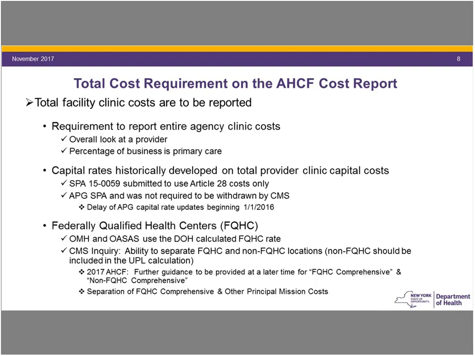However, we do have some FQHCs that are UCPs, and they have the ability to select comprehensive for the FQHC, and then they can also select developmentally disabled for the non-FQHC locations. So there is an ability to split out the FQHC locations and non if your principal mission is something other than comprehensive. That is just a technical thing that we wanted to point out: there is that ability to split them out as long as the mission is not comprehensive for all locations.